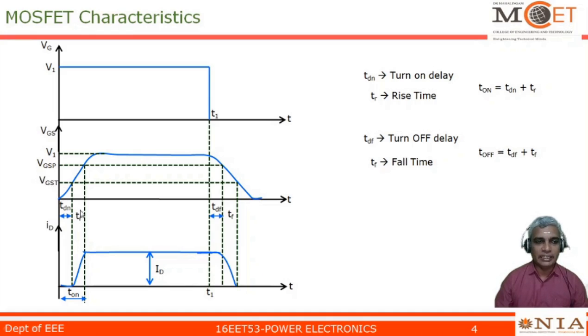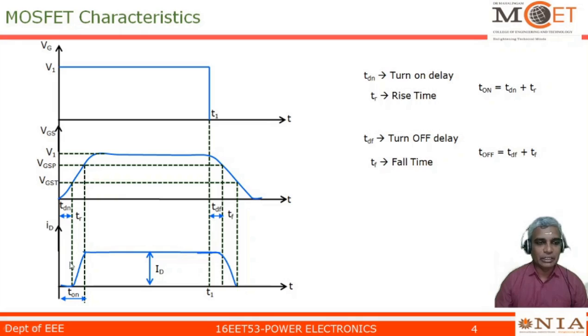Followed by this, there is another time called the rise time. During this time, the voltage rises from VGST to a voltage level called VGSP. This voltage VGSP is the voltage required to make the MOSFET move into the on state. So during the time TR, the voltage moves from VGST to VGSP.